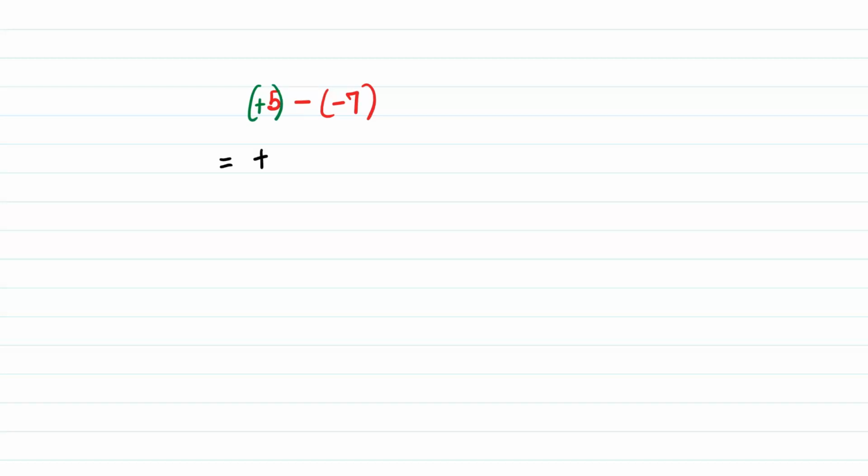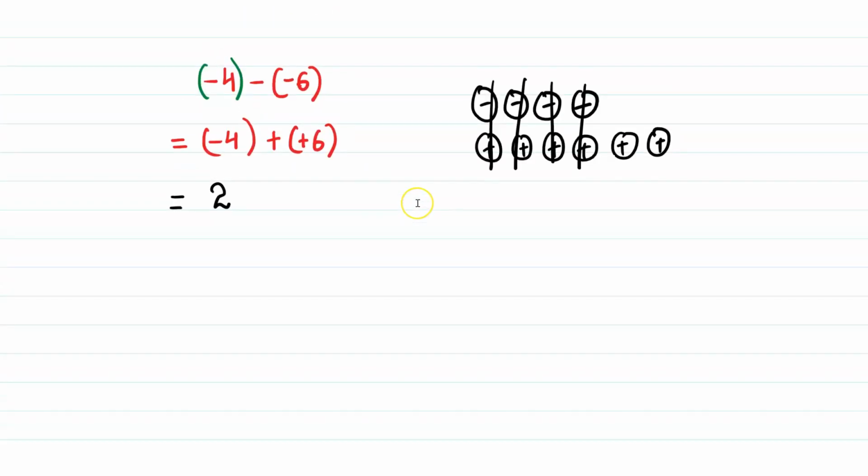So we will add the opposite. What is the opposite of negative 7? It is positive 7. So 5 positives and 7 positives. What do we get as the answer? Yes, we'll get 12 positives as the answer.